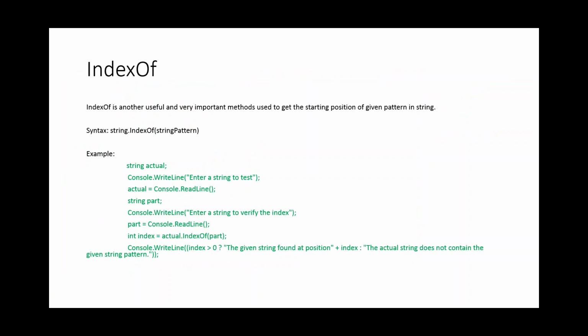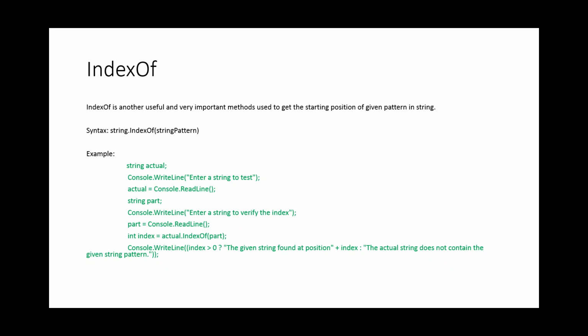And then we have index of. This is again a very useful concept. Index of means you give a big string, and in that, if you want to find a particular pattern, a single character or multiple characters combined, or a word, and find where it starts and in which position it is placed, you can use index of.